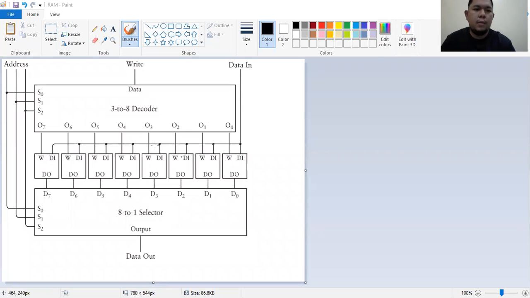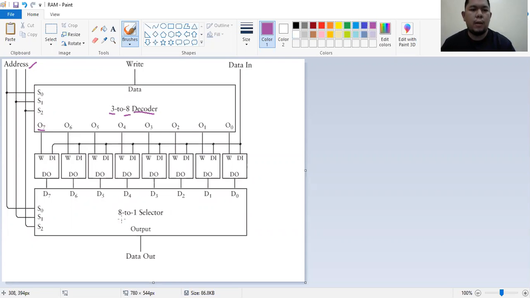All right. So firstly, we see that there's a 3 to 8 decoder circuit where 3 pertains to the number of binary digits in the address inputs, while 8 pertains to the number of outputs of the decoder.